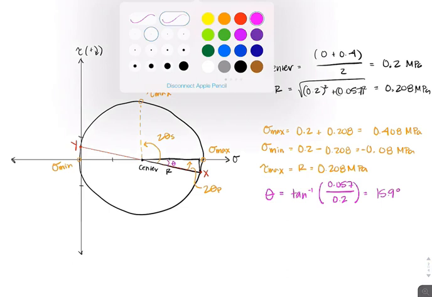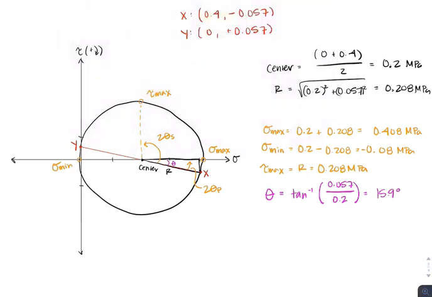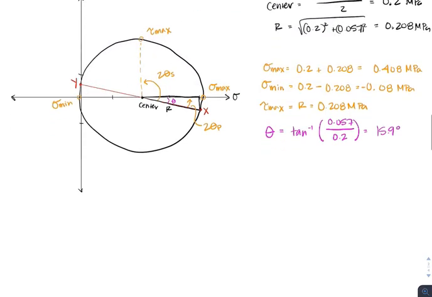Now we need to relate this angle to both our 2 theta s and our 2 theta p. The easiest one is 2 theta p, which is just equal to our theta. That means our theta p is equal to 7.95 degrees going counterclockwise.